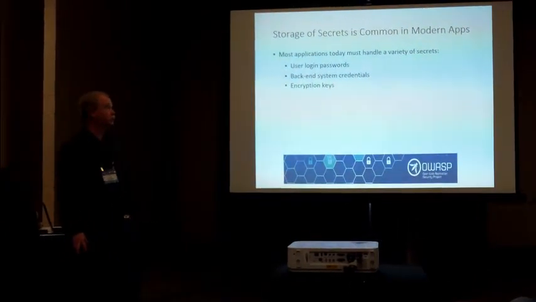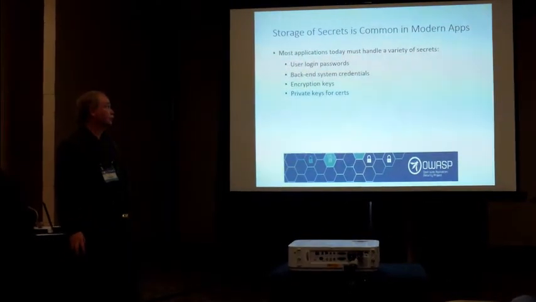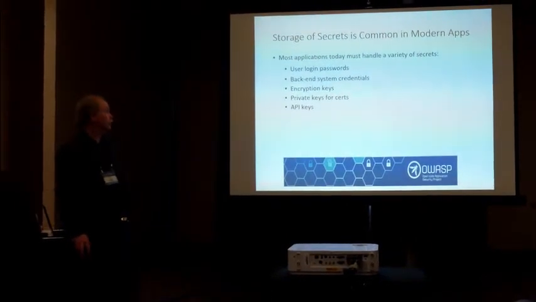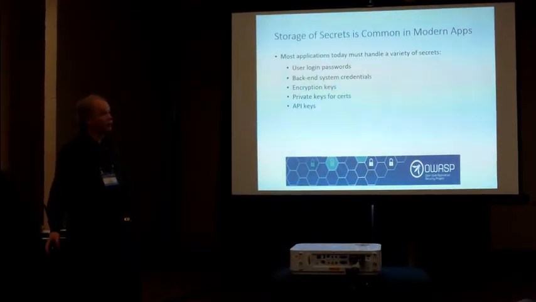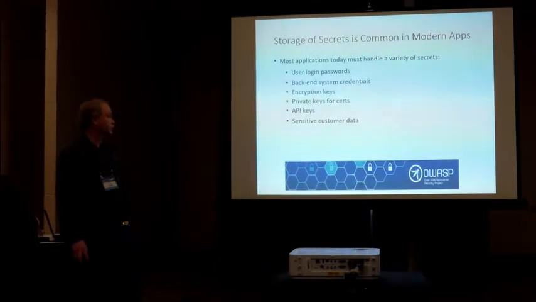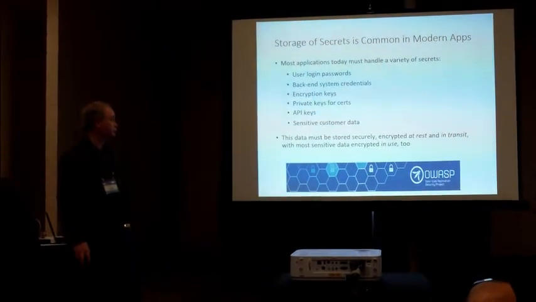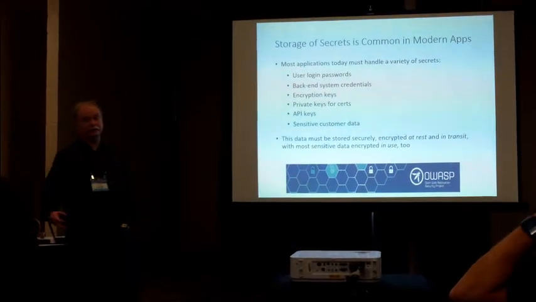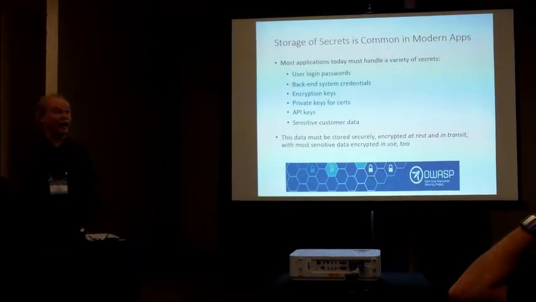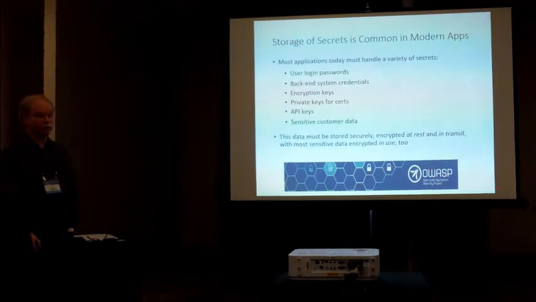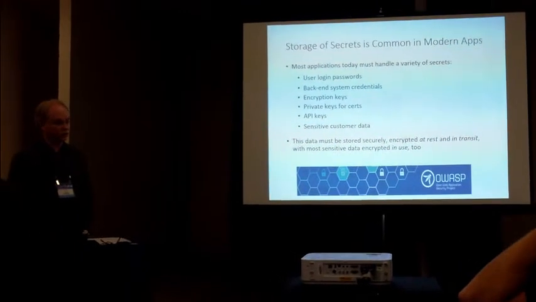Doing application encryption, you need a key for that. Private keys for your certs. Keys for API client secrets and so on. Sensitive customer data, like I was saying, in the database, perhaps. And the key is, of course, all these things have to be securely encrypted both at rest and in transit.